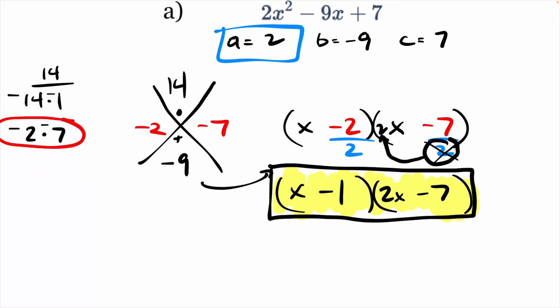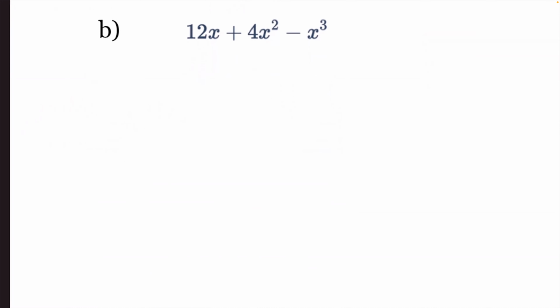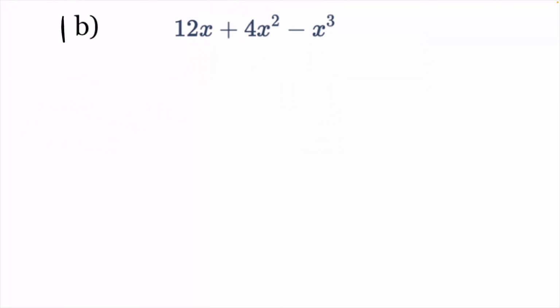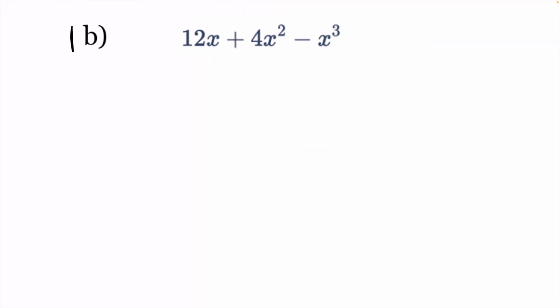All right. So number 1b and 1c, we're going to do the same way. We're going to use the same directions. Factor, steps 1 through 4. Okay. Step 1, is it in the correct order? Big power, middle power, little power?